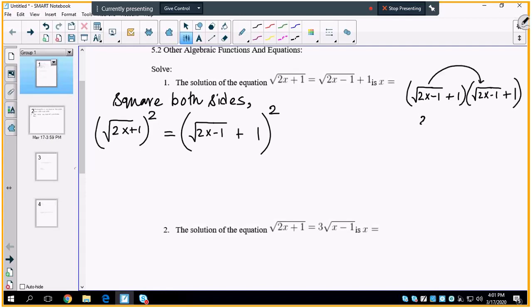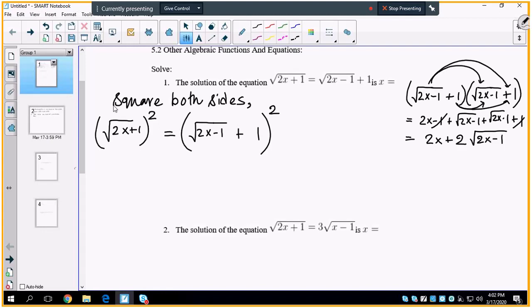So I will get 2x minus 1. 1 times square root of 2x minus 1 is square root of 2x minus 1. Similarly, when I distribute the 1, I get square root of 2x minus 1. And I distribute the 1 over 1, I get a positive 1. So as you can see, I can cancel negative 1 and positive 1 and get 2x plus 2 of these square root of 2x minus 1 terms.